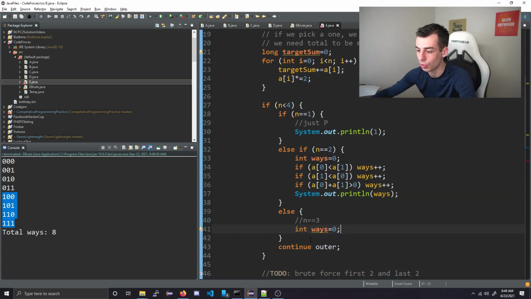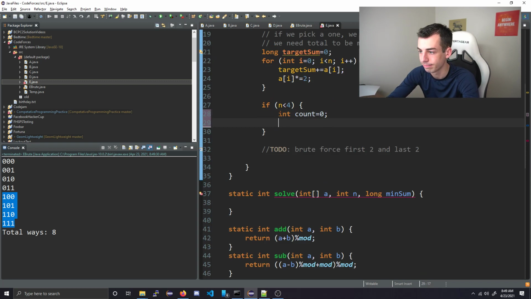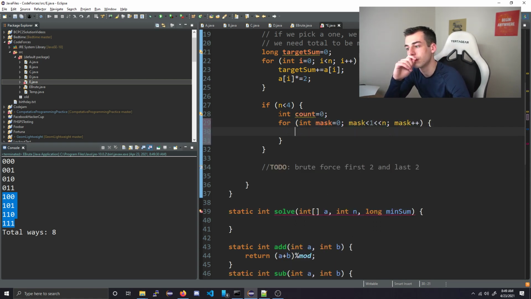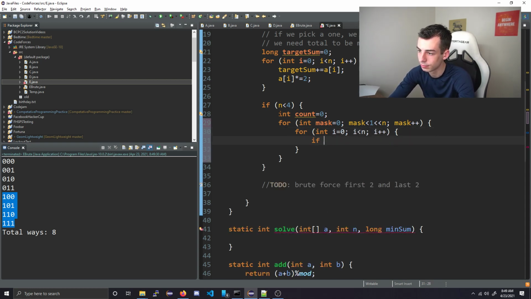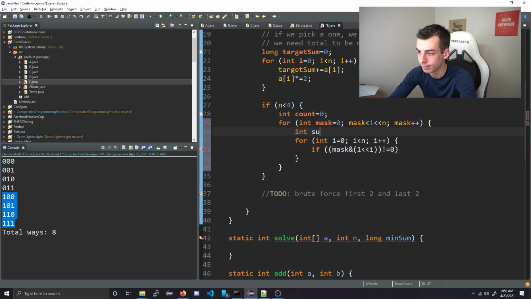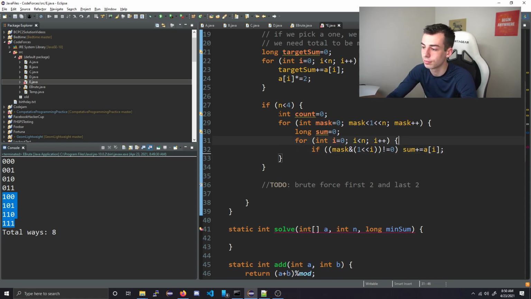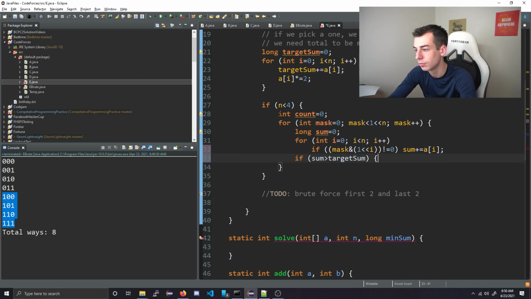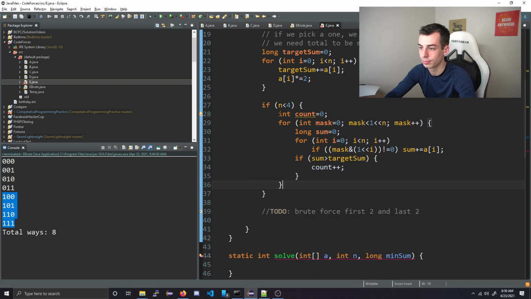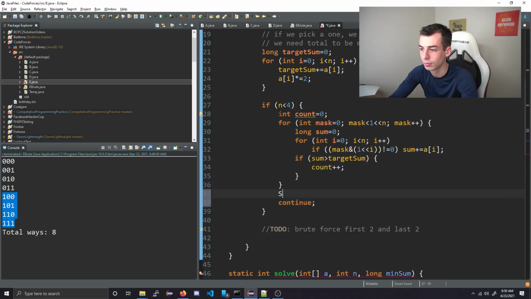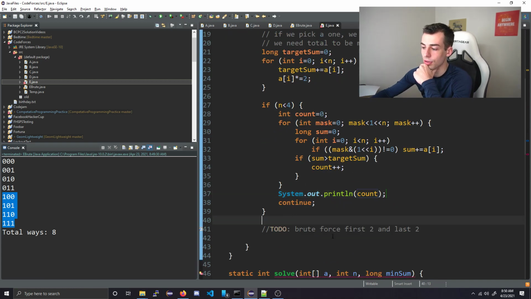Oh, I guess there's a much easier way of doing this then. So that handles all the small cases.